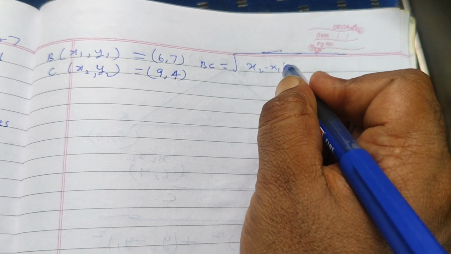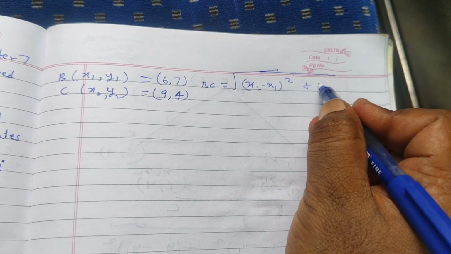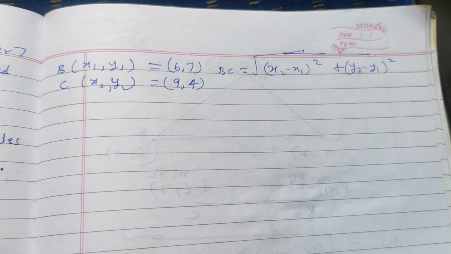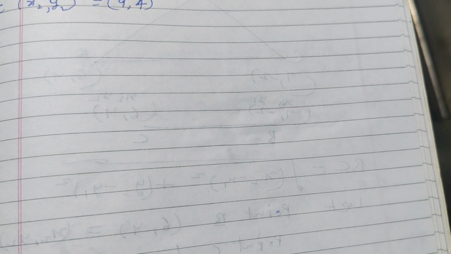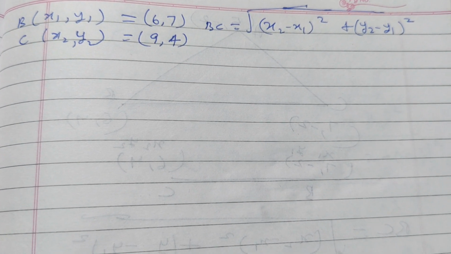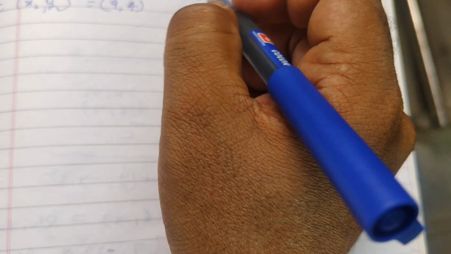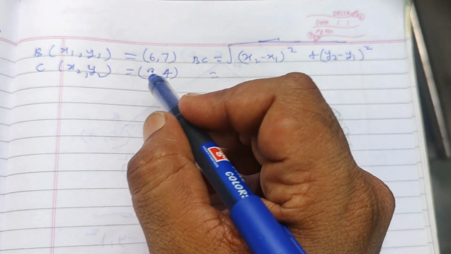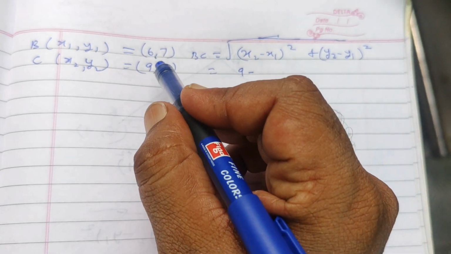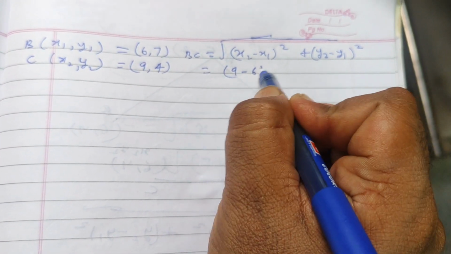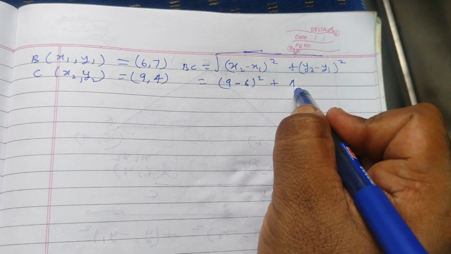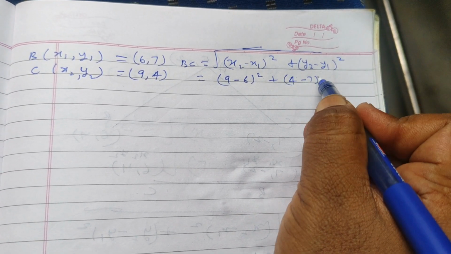Distance formula BC: (x2 minus x1) square plus (y2 minus y1) square. So we put the values: x2, 9 minus 6, plus y2, 4 minus 7.